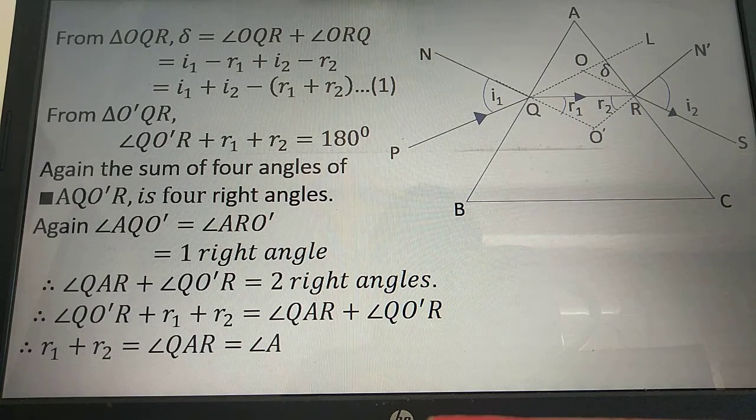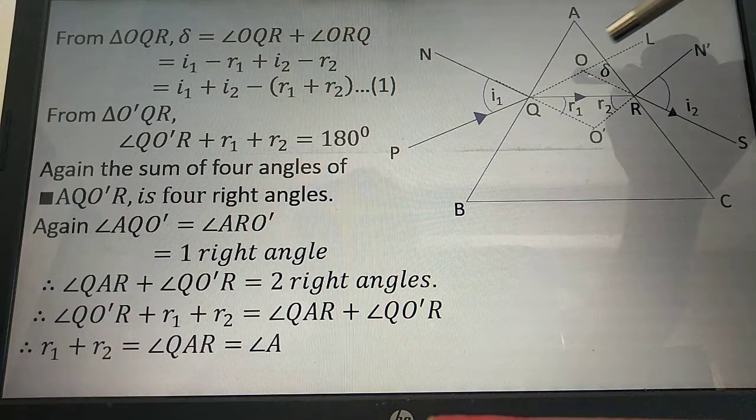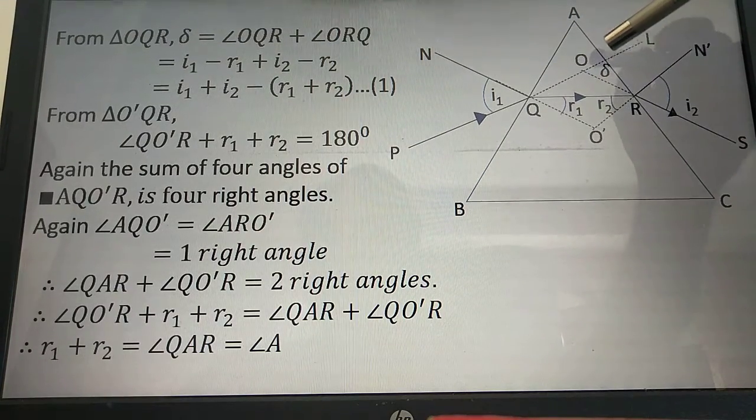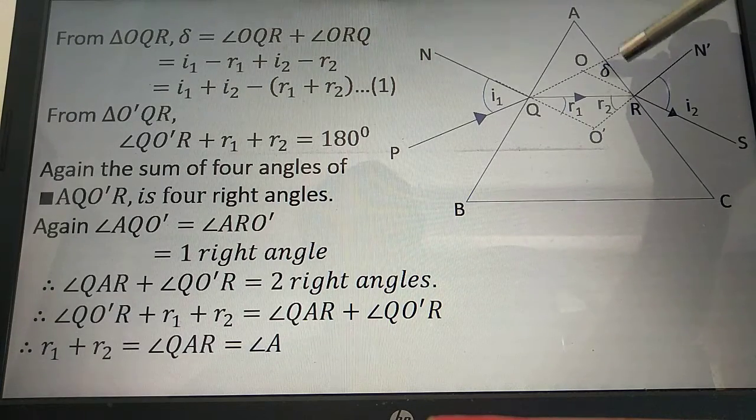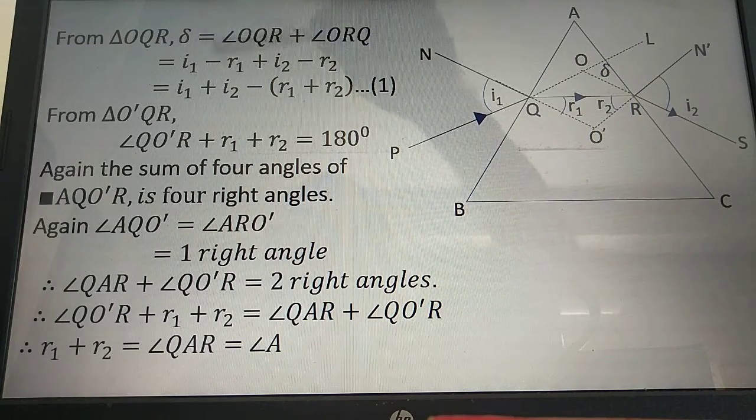Now from the triangle OQR, the angle delta is the external angle, so we can write delta is equal to angle OQR plus angle ORQ, because we know that the external angle of a triangle is equal to the sum of the two interior far angles.